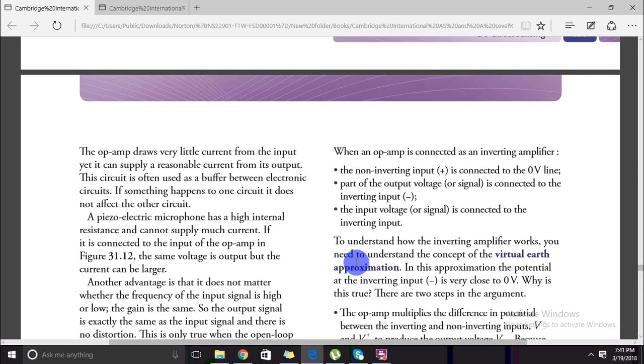So if we connect the output of the piezoelectric microphone with the input of the op-amp, then from the output of the op-amp, we're going to get the same voltage because of there being zero internal resistance, so there isn't going to be any drop, but we're going to get a larger current, and that can be used to operate some other component which wouldn't have been able to operate if it were directly in series with the high internal resistance piezoelectric microphone. This is interesting.